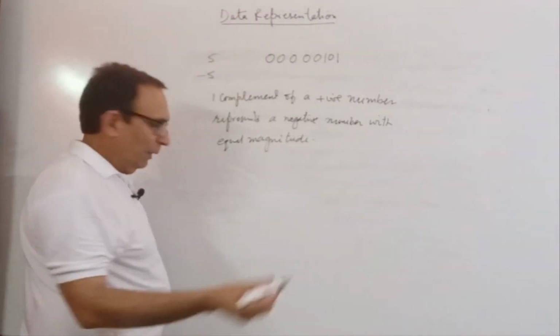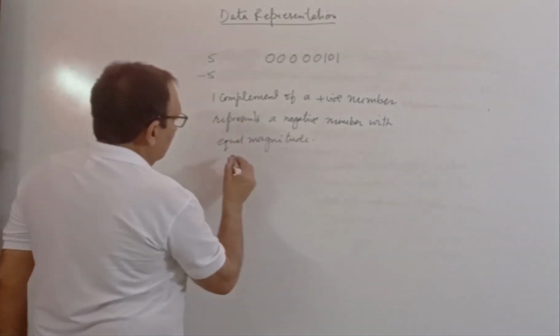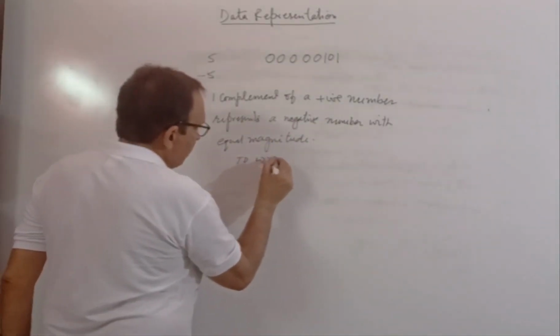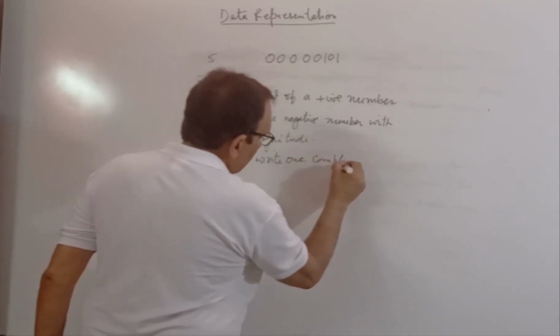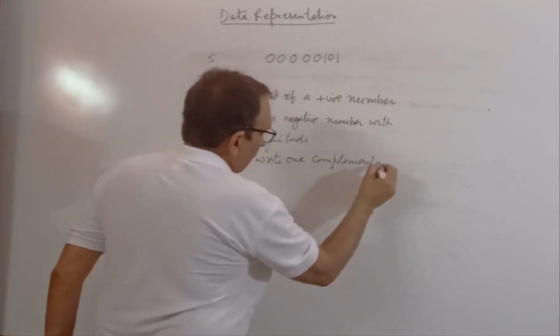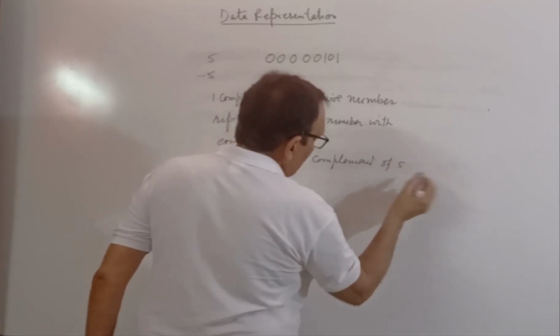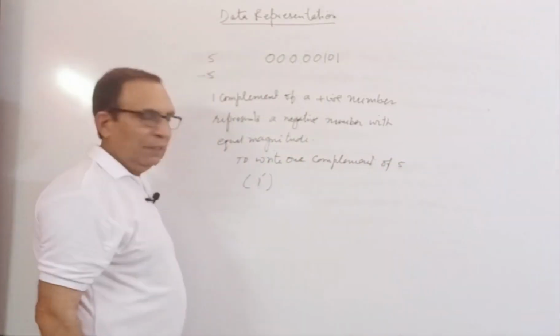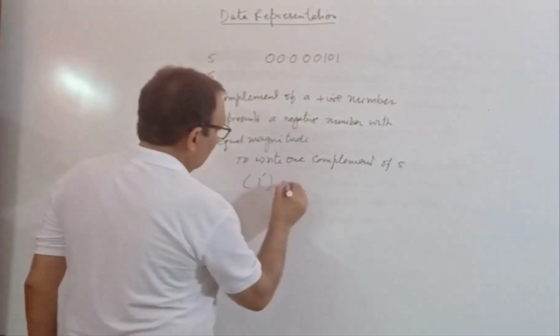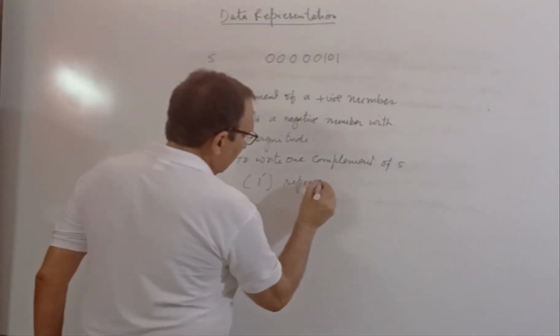How to write 1's complement? To write the 1's complement of 5, replace zeros by ones and ones by zeros. This is 1 and a sign over here.